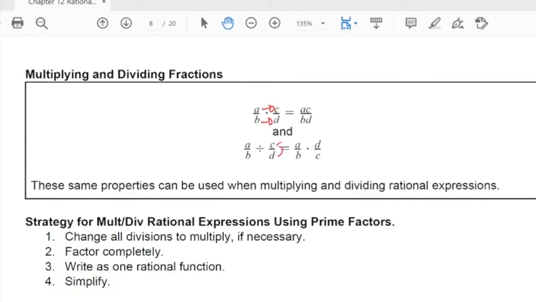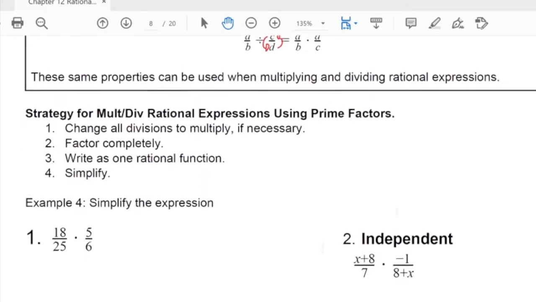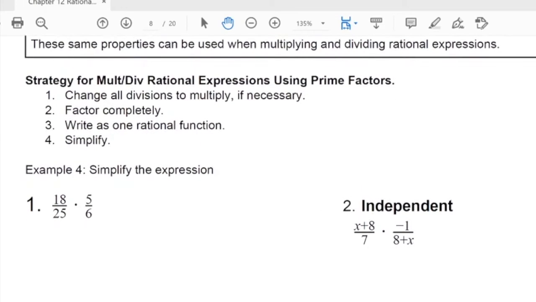That's just me saying you can flip these upside down and multiply a over b times d over c. So what we're going to do here is change all the division symbols to multiplication symbols if needed, and factor each one completely and write it as one rational function.